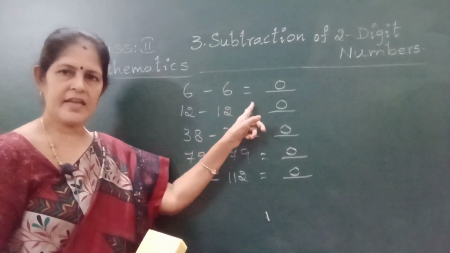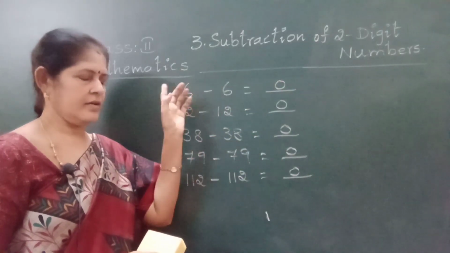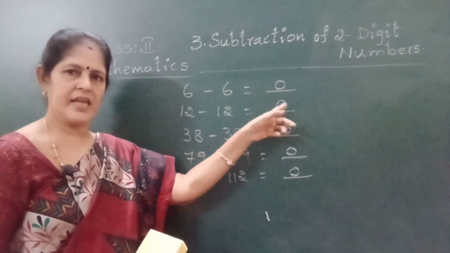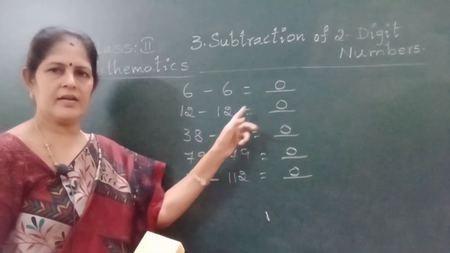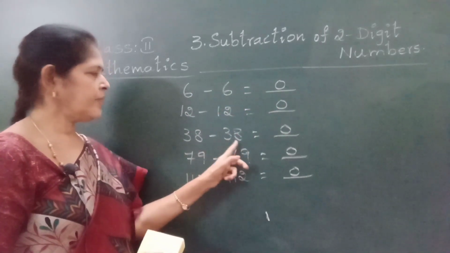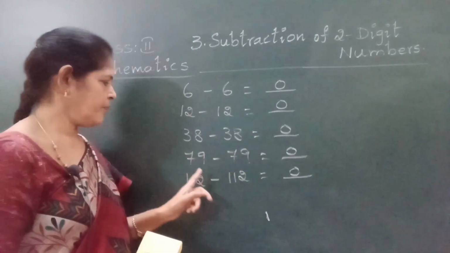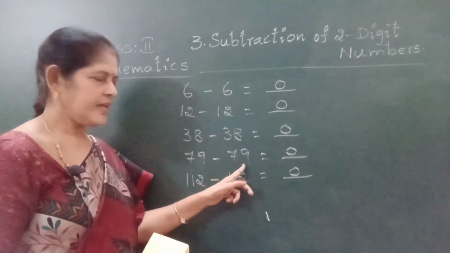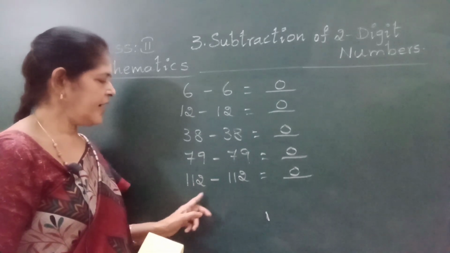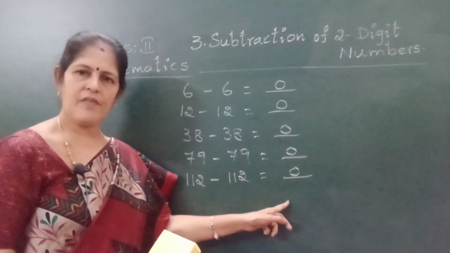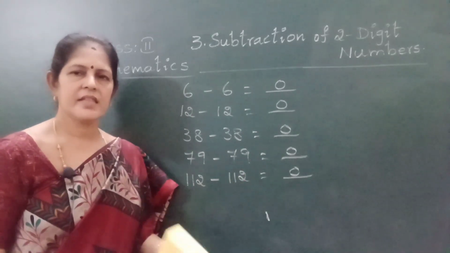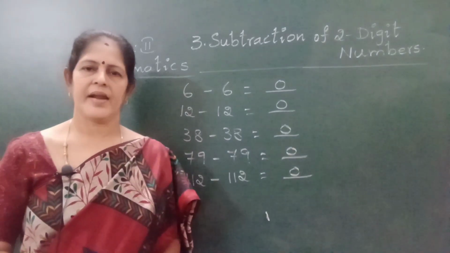Number minus same number, 0. 12 minus 12, 0. 38 minus 38, 0. 79 minus 79, 0. 112 minus 112, 0.